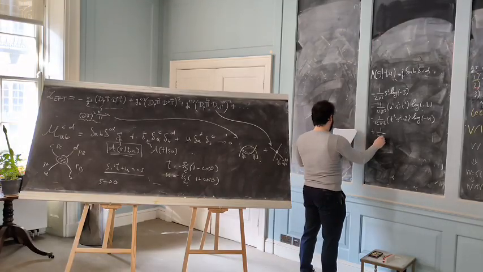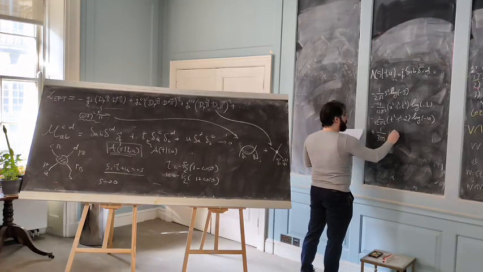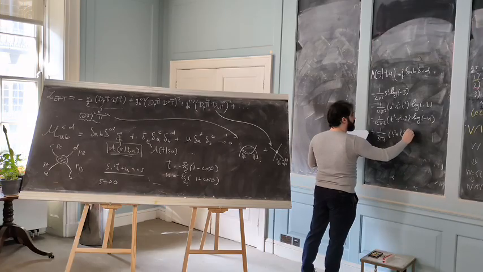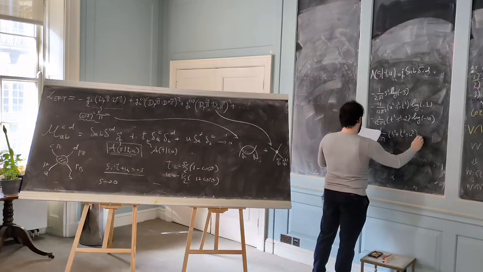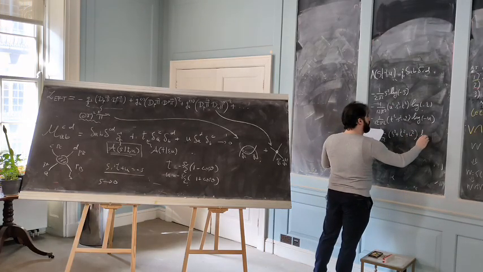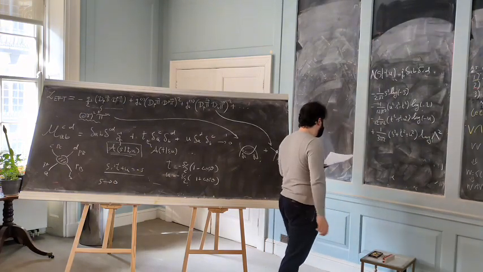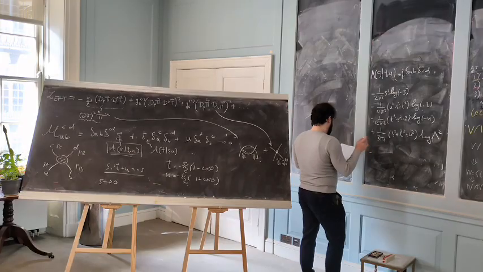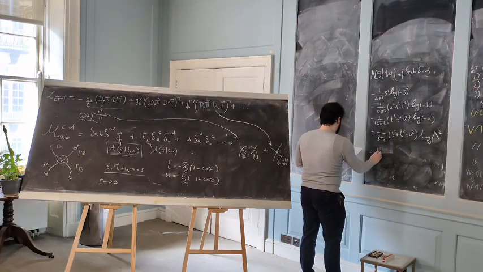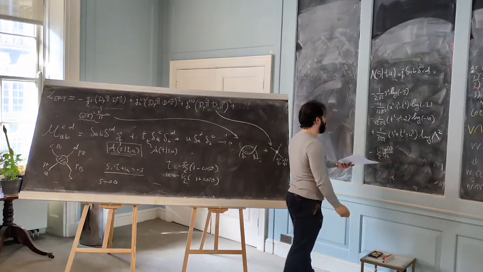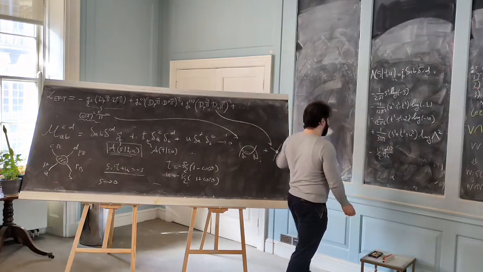Squared plus T squared plus U squared. And here we have log of lambda squared. And then we have minus 1/2 G for 1. So these are the tree-level computation that comes from these vertices with four derivatives.